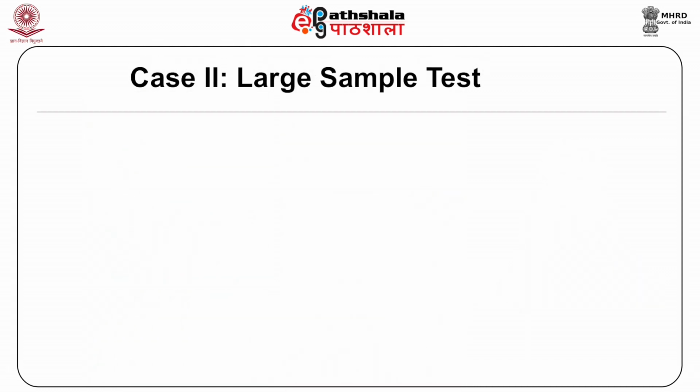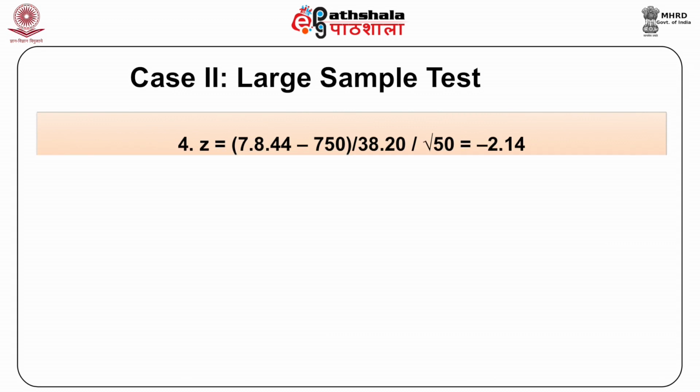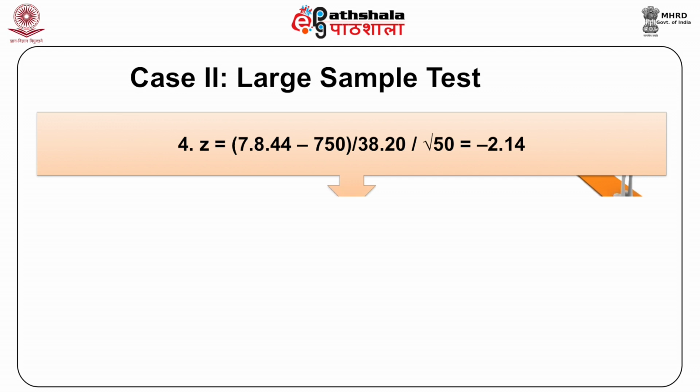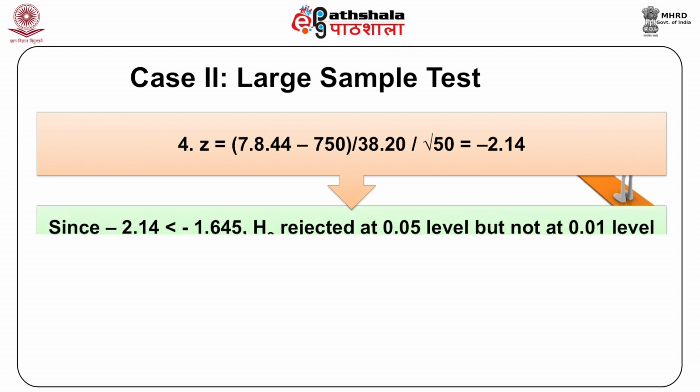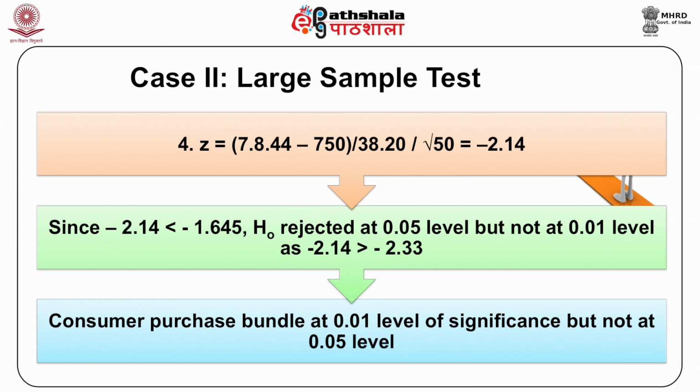Z is equal to (738.44 minus 750) divided by 38.20 divided by root 50, which is equal to minus 2.14. Since minus 2.14 is less than minus 1.645, H0 is rejected at 0.05 level but not at 0.01 level, as minus 2.14 is greater than minus 2.33. Hence, the consumer will purchase the bundle at 0.01 level of significance but not at 0.05 level.